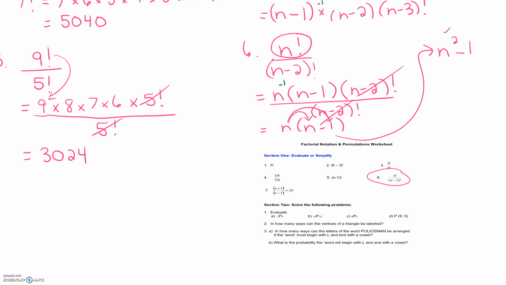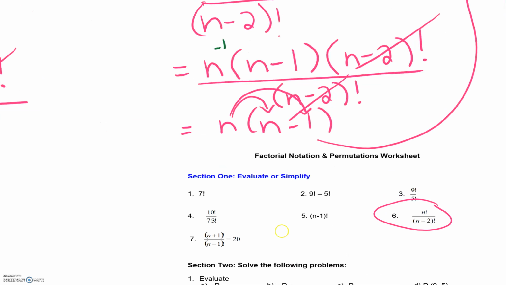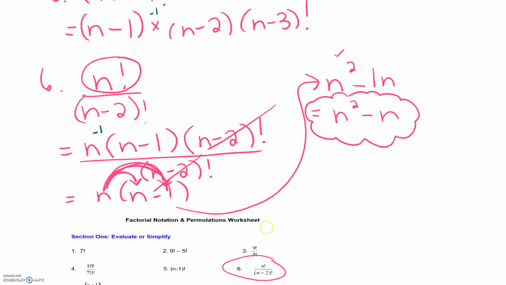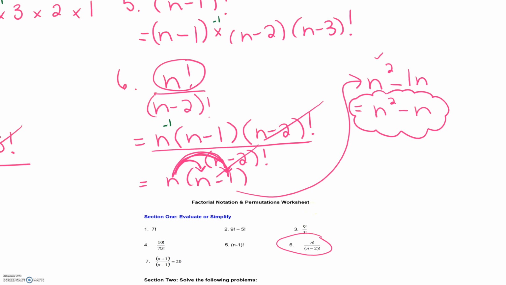But what's negative 1 times n? If you look at the arrows that I did here, you did n squared, so you did this part right here. Oh, okay, so it's minus 1n. There we go. And then when you're writing this, you don't necessarily need the 1. So this is the final answer right here. Oh, okay. It's kind of making sense.